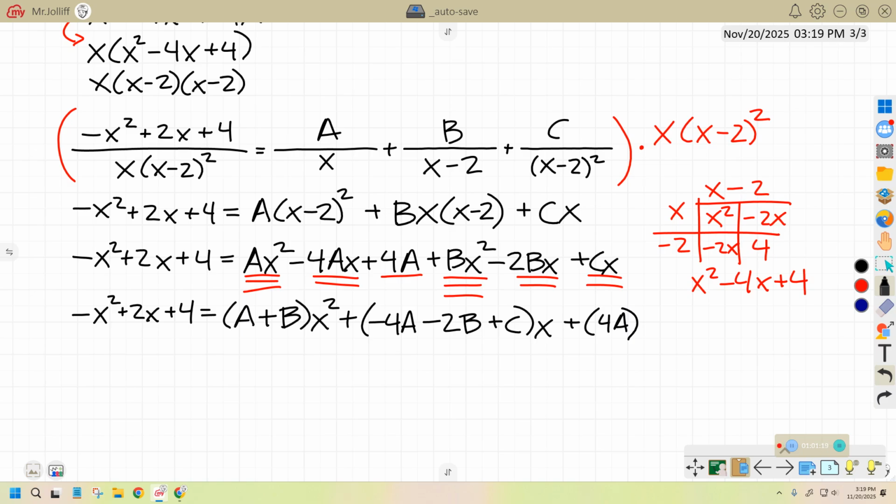This is quadratic instead of linear. Our last two examples have been linear. The process is the same. If the two quadratics are equal, their coefficients also have to be equal.